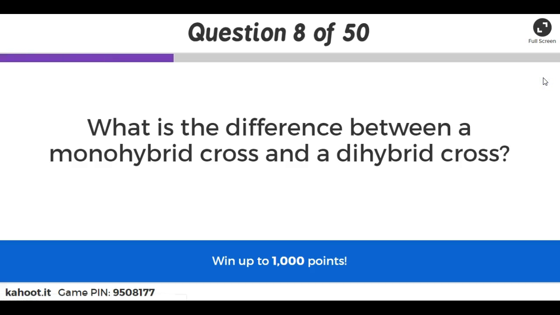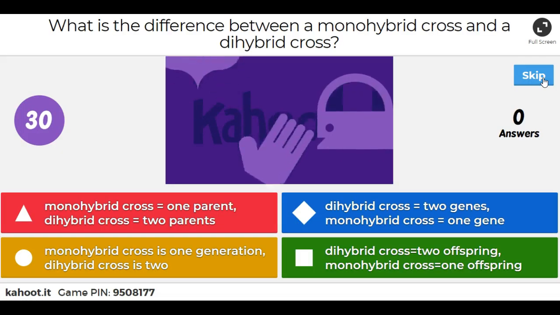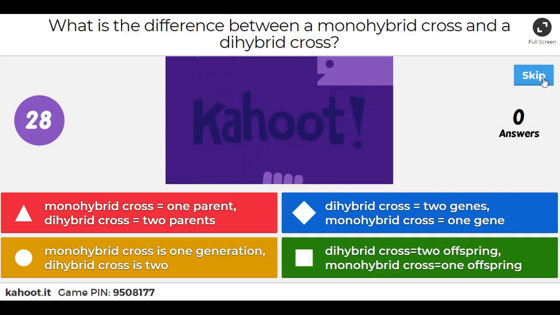What is the difference between a monohybrid cross and a dihybrid cross?